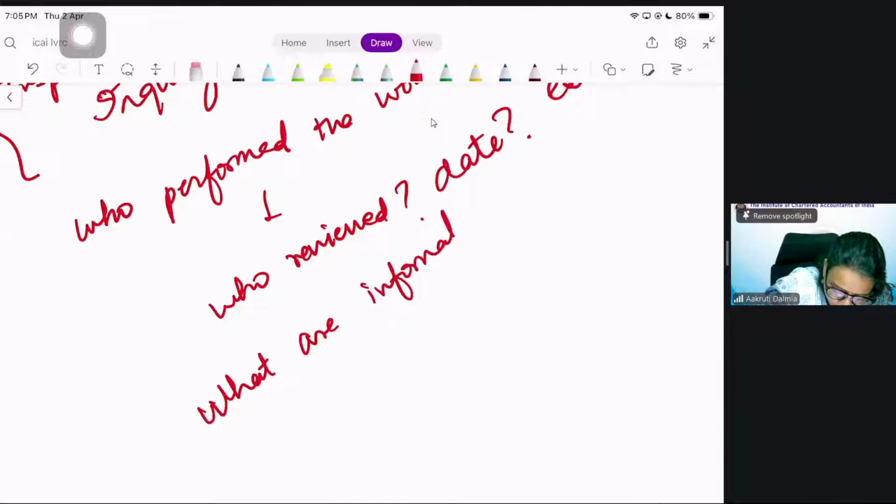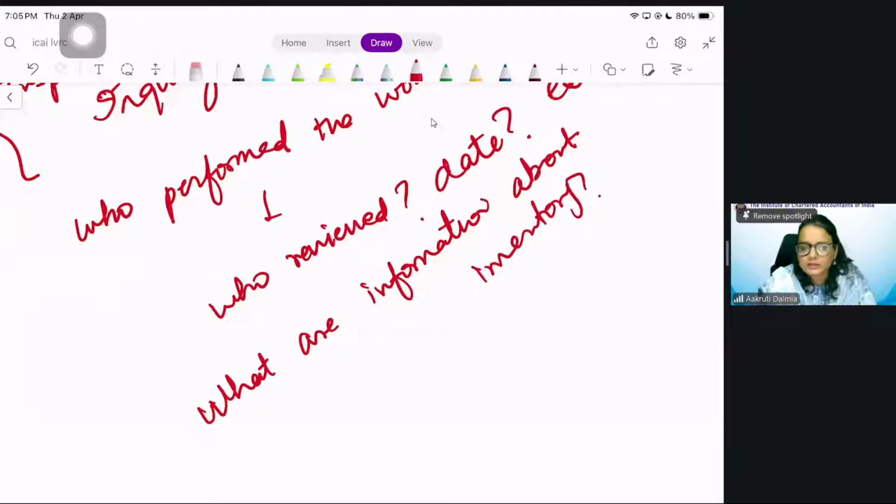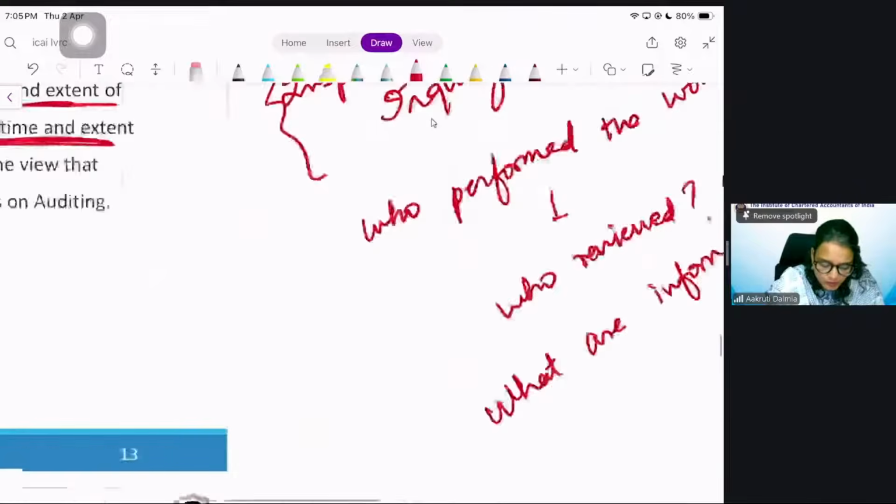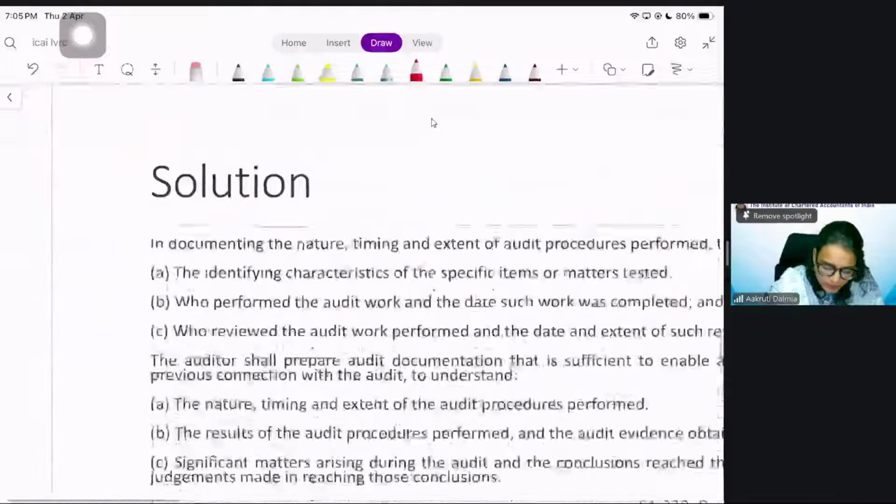Give me information about inventory. I will note down that, which means characteristics of inventory. Give me a little information about it: in the entity, what kind of inventory do they have? What are the common risk areas in this kind of inventory? So think of it very logically. And now if you see the answer, you will be able to easily remember.